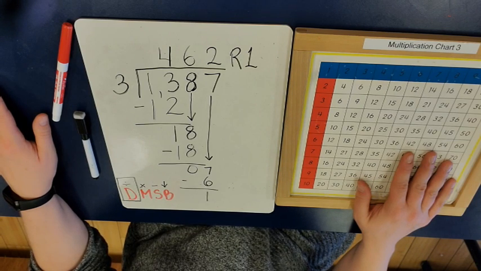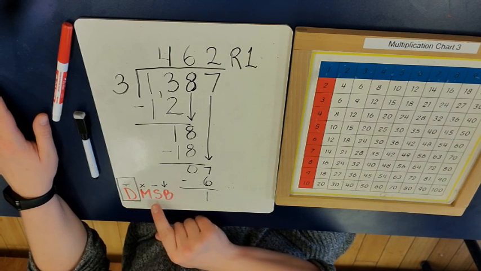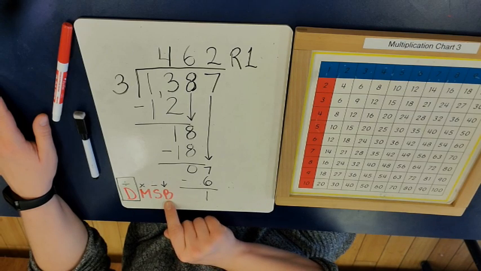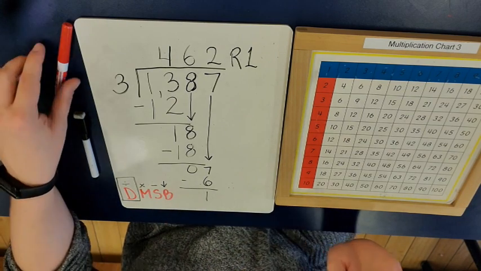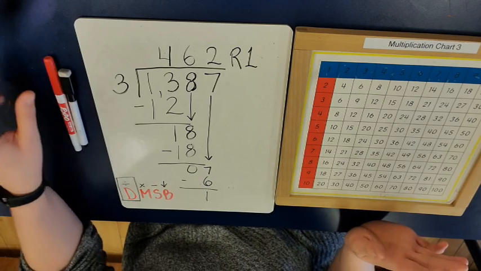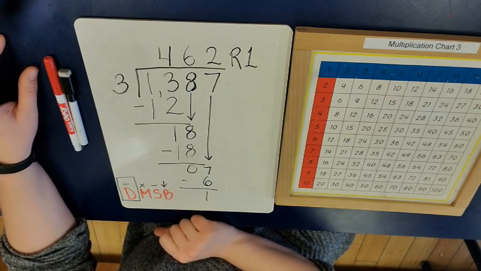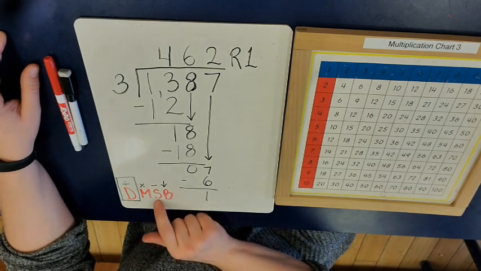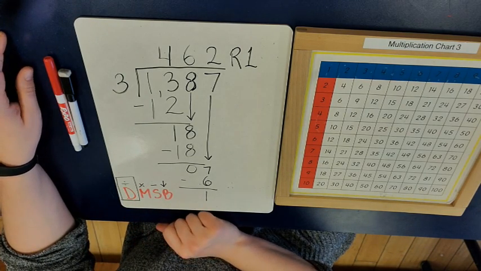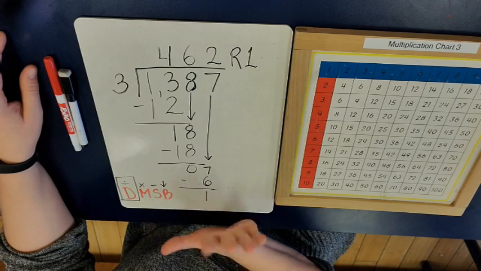So the steps: divide, multiply, subtract, bring down. One way you might help remember what order they go in: dead monkeys smell bad. Divide, multiply, subtract, bring down. Now you don't have to use the words if you don't need to.